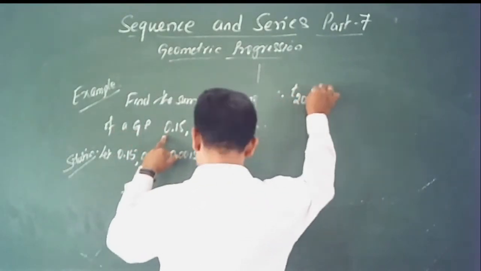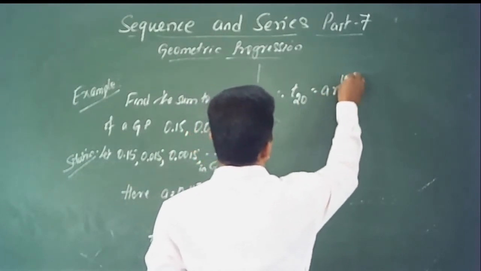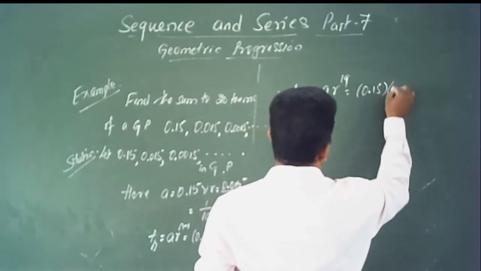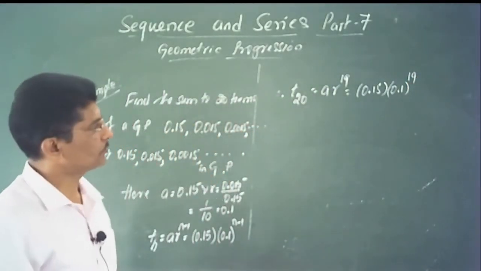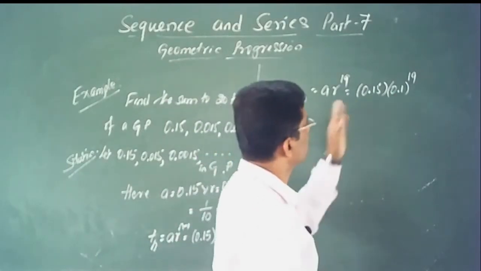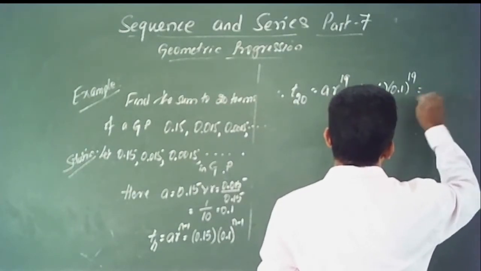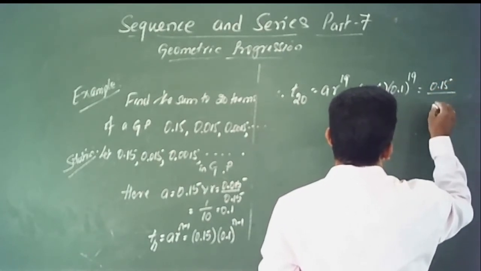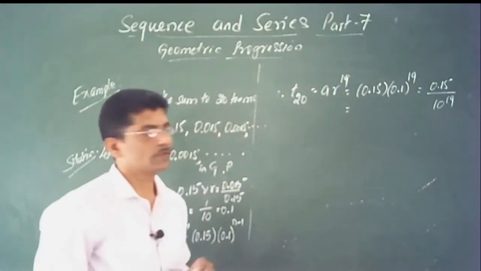What is T20? T20 is equal to a into r to the power 19. a means 0.15, r means 0.1 raised to 19. You can write 0.1 raised to 19 as 1 divided by 10 to the power 19, so 0.15 divided by 10 to the power 19.